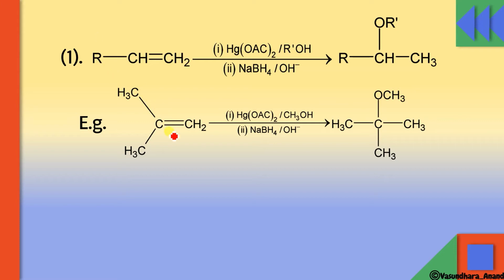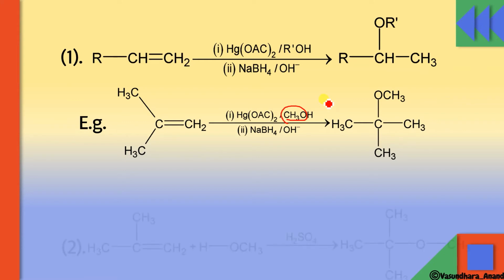For example, we see CH3, this is C double bond CH2 and here CH3. So these two are the double bonded carbon atoms. We have to see where we will put this OR. This is the group. So where will we put this OCH3? Where the hydrogen is less. That means it will attach with this carbon, so it will form like this.